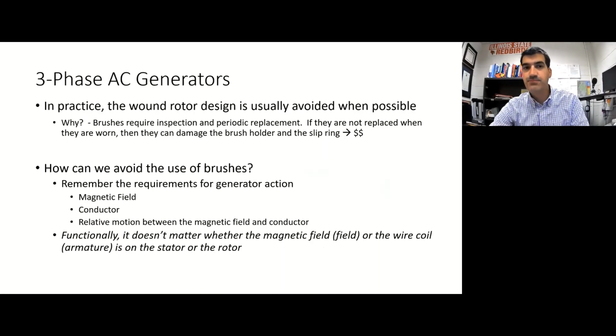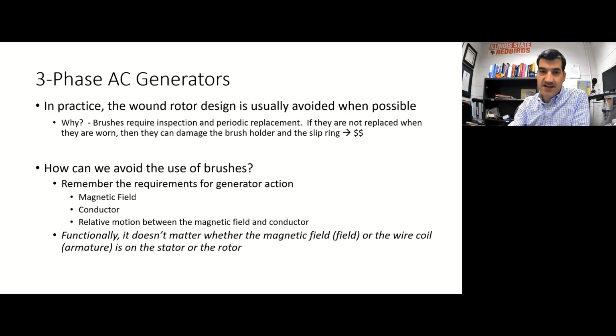So in practice, it's actually a lot more convenient if we don't do that. It's actually a lot more convenient if we put the armature on the stator and we put the field on the rotor. All right, and the reason for that is that you have to use slip rings and brushes if you have the armature on the rotor.